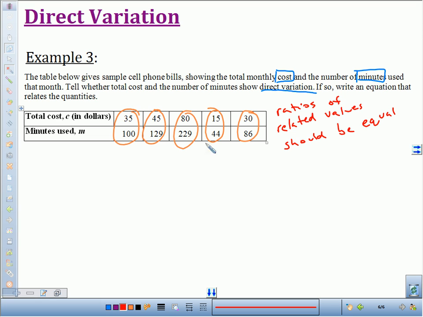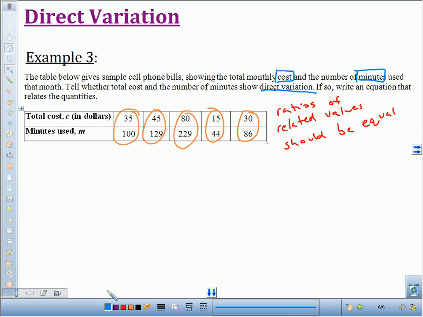So the ratio of 35 to 100 should equal the ratio of 45 to 129, which should equal the ratio of 80 to 229, so on and so forth. Now there might be a little bit of give here and there because, of course, when we're dealing with real-world situations, sometimes we'll have a little bit of inaccuracy. But for the most part, the ratio should be pretty much spot on.